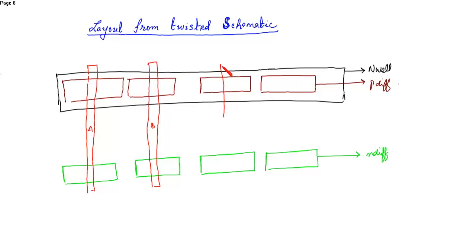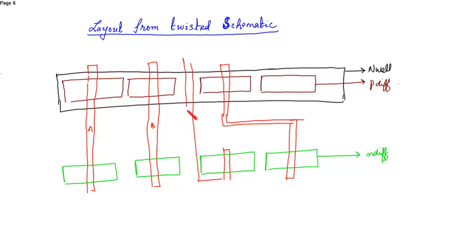So then from here to here. Okay, now the transmission gate are oppositely connected.